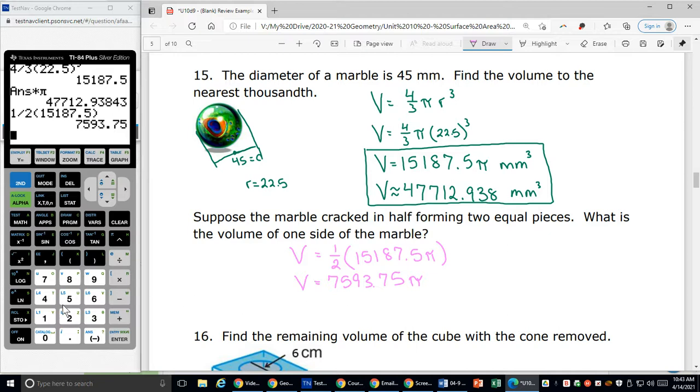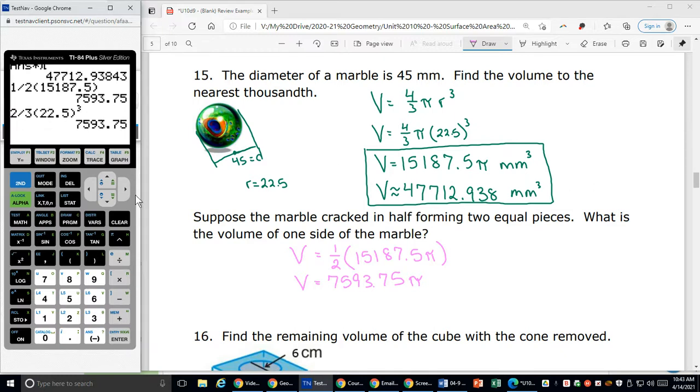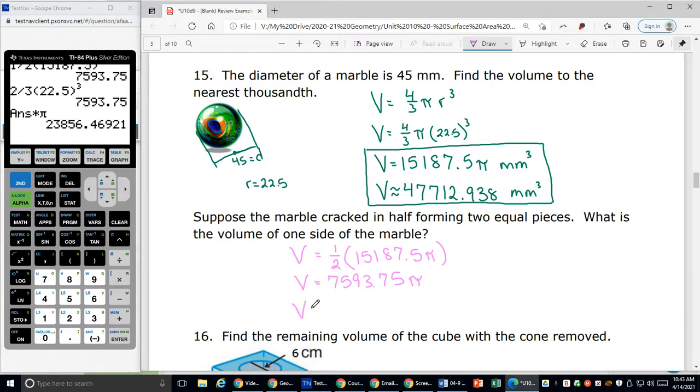Okay. So again, I could do 2/3 times the 22.5 to the third, so I'm just changing my 4/3 to 2/3 because I'm only doing half of it. And notice, same answer. And then multiply that by pi. So times pi gives me a volume of 23,856.469.